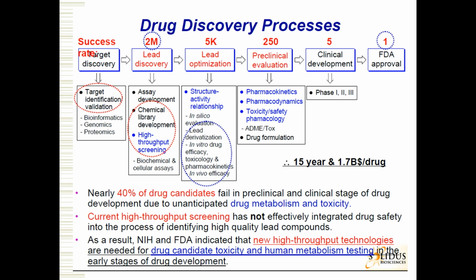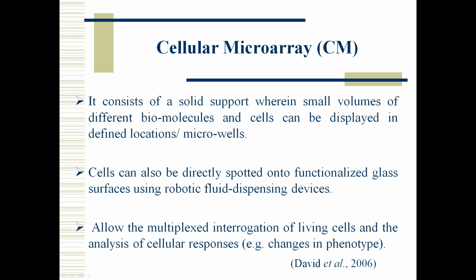Current high throughput screening has not effectively integrated drug discovery safety into the process of identifying high quality lead compounds. As a result, NIH and FDA indicated that new high throughput technologies are needed for drug candidate toxicity and human metabolism testing in early stages of drug development.